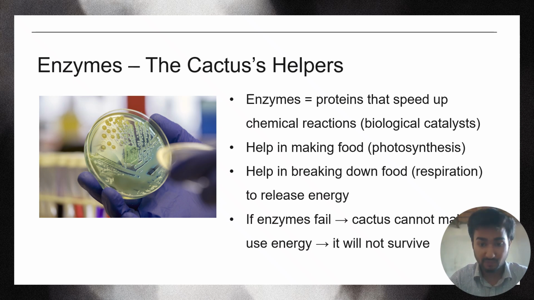So if enzymes fail, the cactuses cannot produce their own energy and they will not be able to survive. Enzymes are extremely essential in all kinds of plants, but in cactuses they are very important. Yeah, so let's move on.